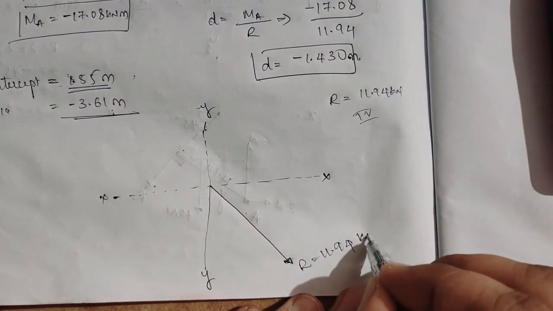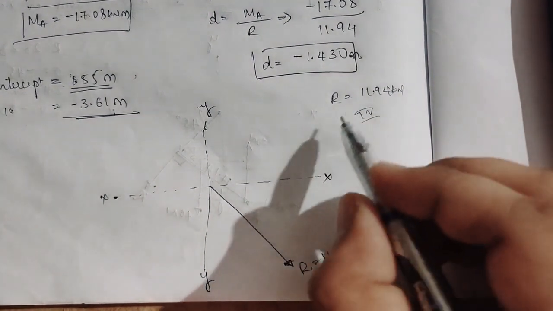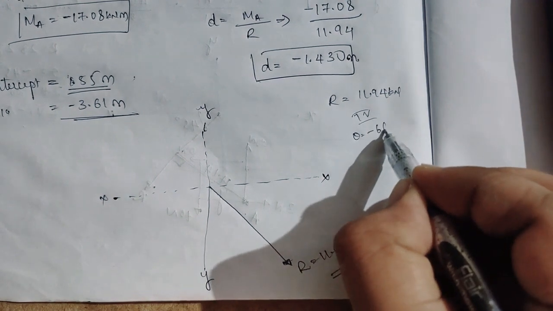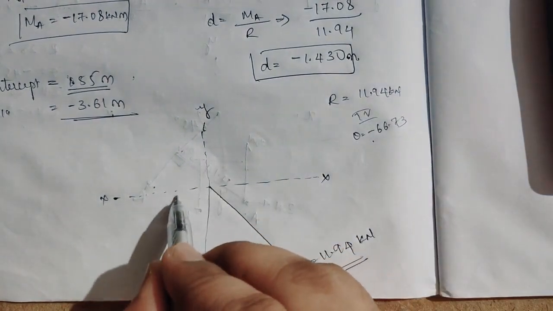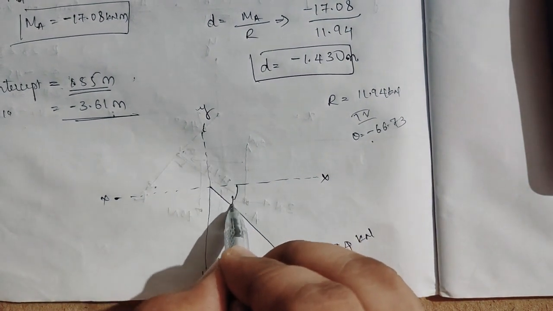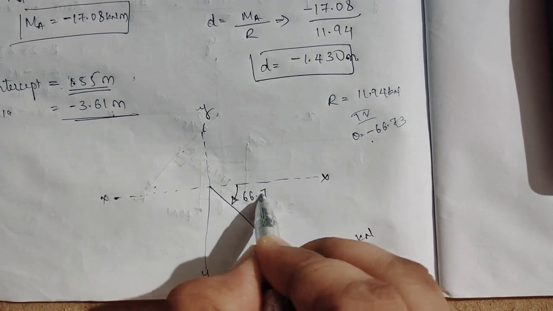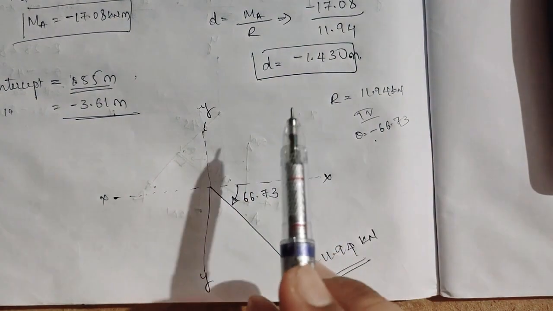How much is theta? Theta value is minus 66.73. If it is minus, it means clockwise. This is anti-clockwise, this is clockwise, so 66.73.